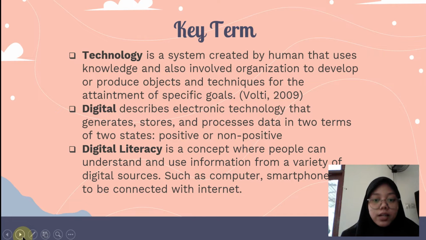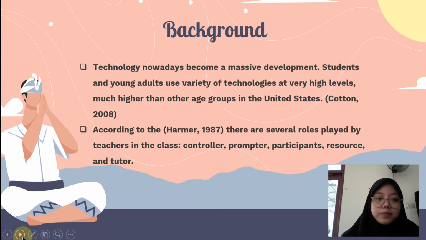Digital describes electronic technology that generates, stores, and processes data in terms of two statuses, positive or non-positive. The third is digital literacy. Digital literacy is a concept where people can understand and use information from a variety of digital sources, such as computers, smartphones, and how to be connected with the internet.